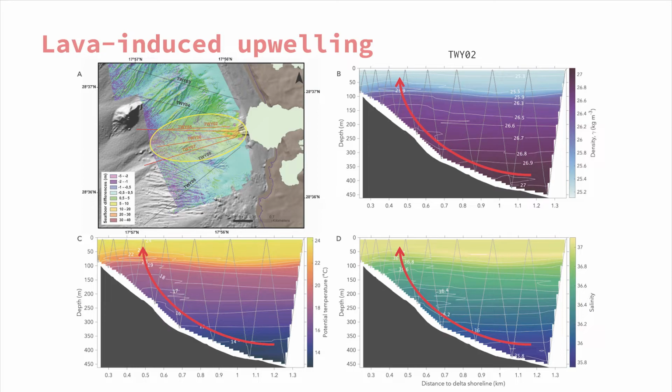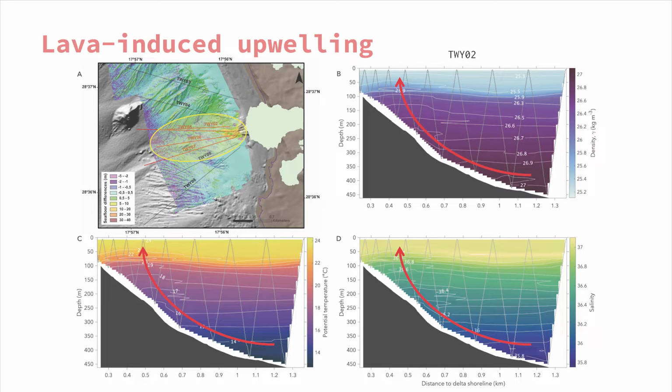So the upwelling effect, you can see it here. This is an example from one of these Tobios. You can see here density, temperature, and salinity. In all the parameters, you can see how the isolines are elevated. This means that the water is going up.